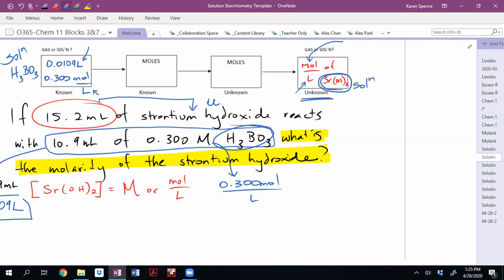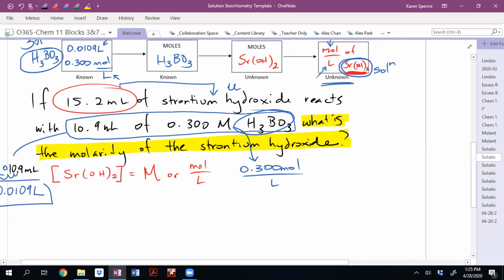So our known substance is the H3BO3. Let's start by finding moles of H3BO3. Our unknown substance is Sr(OH)2, so we're going to find moles of Sr(OH)2. It looks like we can get going on that. We want to find the concentration of Sr(OH)2.